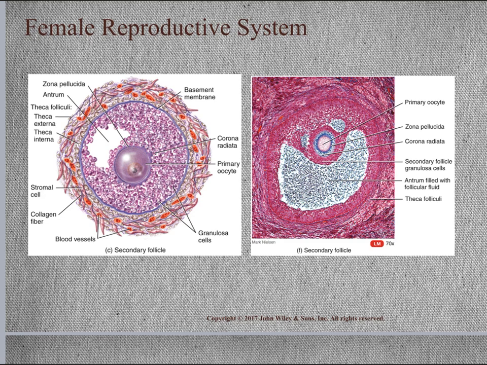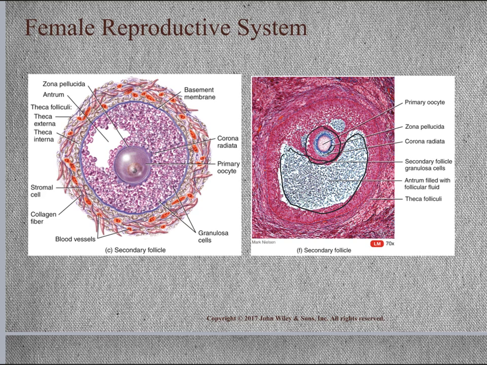Now we look at a secondary follicle. Histologically, it looks different. We have the formation of the antrum, again, this fluid-filled cavity. We start seeing the zona pellucida enlarging, and the formation of the corona radiata, this radiating crown.